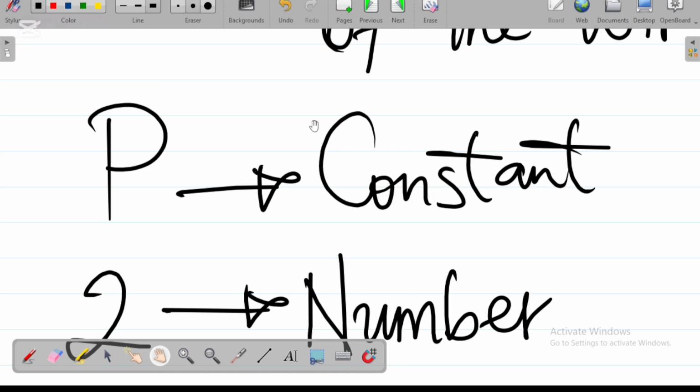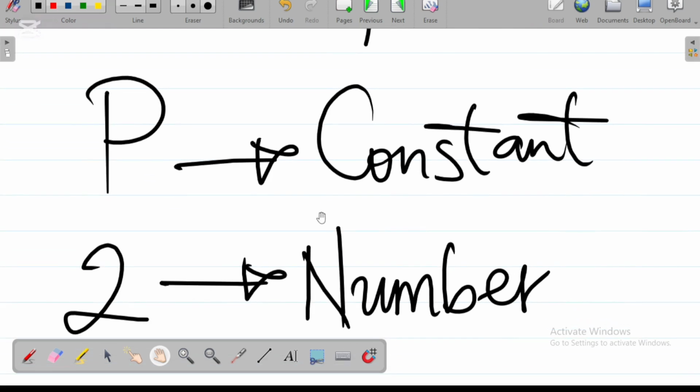When you see a number in a formula or a constant in a formula, and you are asked to dimensionally analyze the formula, kindly ignore the constants, the numbers, and the coefficients. So we are going to ignore P and 2.